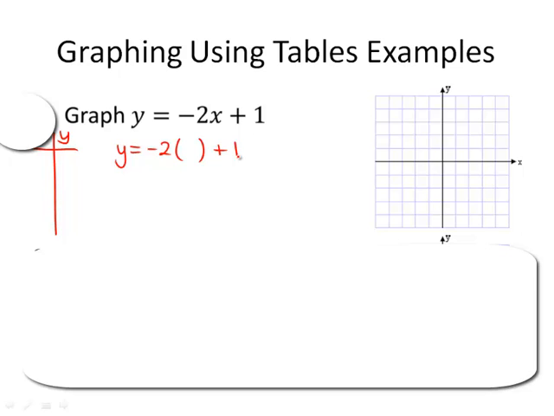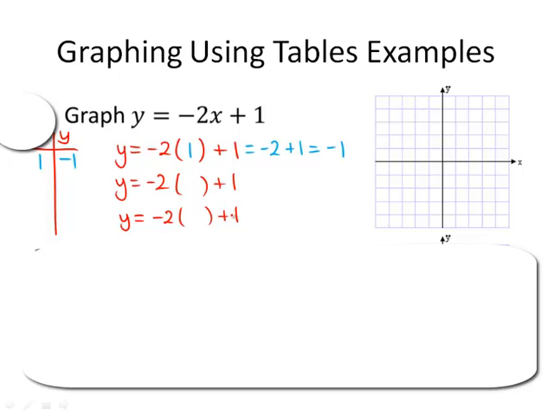So what do you want that something to be? Let's say we chose x to be 1. Let's replace 1. And that gives us negative 2 plus 1, giving us negative 1. So 1 comma negative 1 is an ordered pair solution.